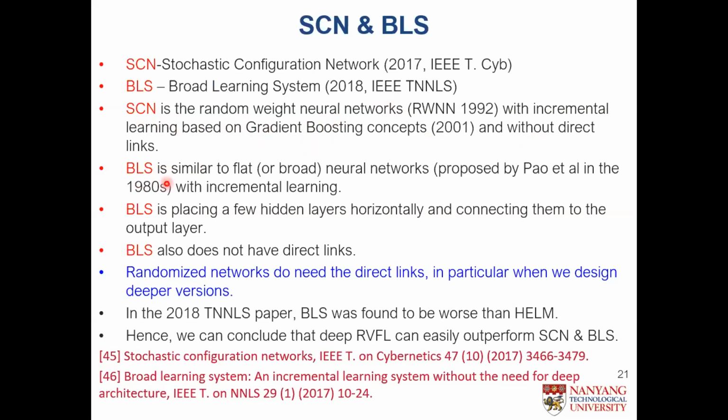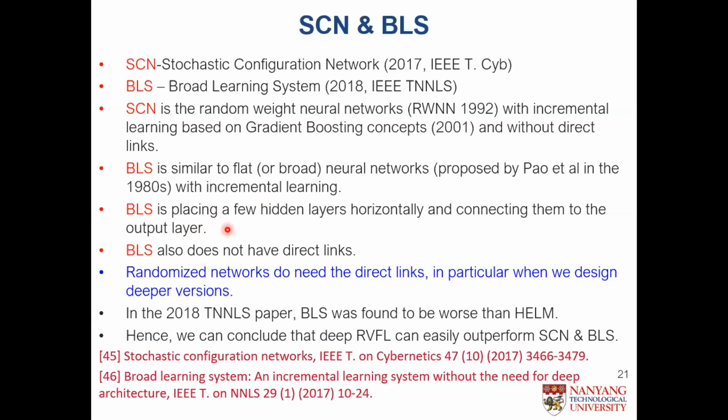BLS is actually coming from the functional link concept proposed by Pao. They proposed this flat neural network in 1992 or the late 1980s. They call this flat neural network. So in the BLS, the word flat is converted to broad, and then they introduce incremental learning.